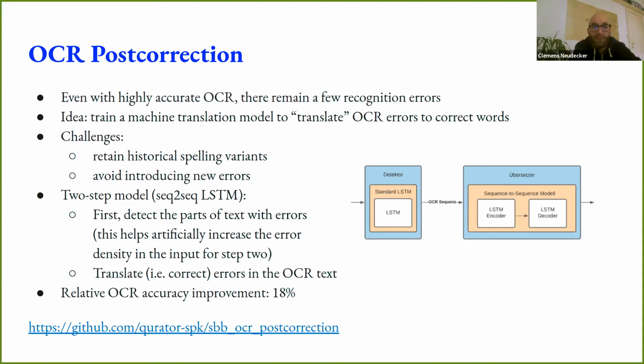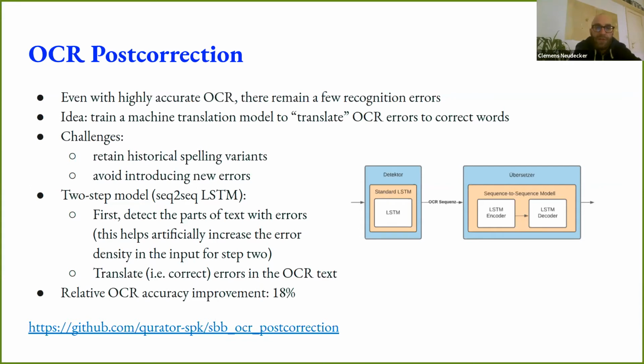The problem of that approach is that for historical languages, there can occur some spelling variation, and there are not really sufficiently specific language resources and lexica for these historical variants. Plus, it is very hard, if the error rate of the OCR is already very low, to still improve that with a pure frequency-based lexicon approach.